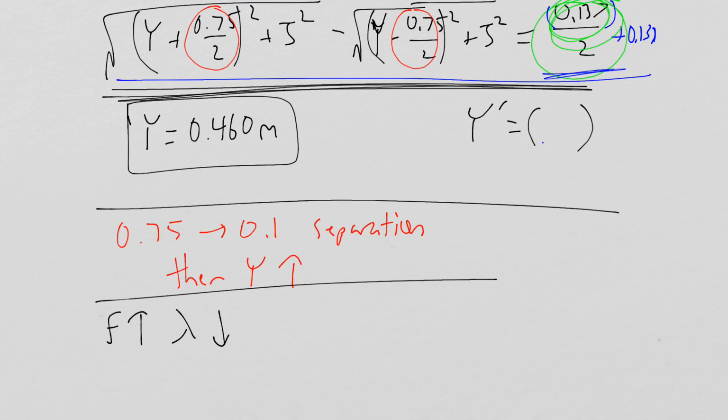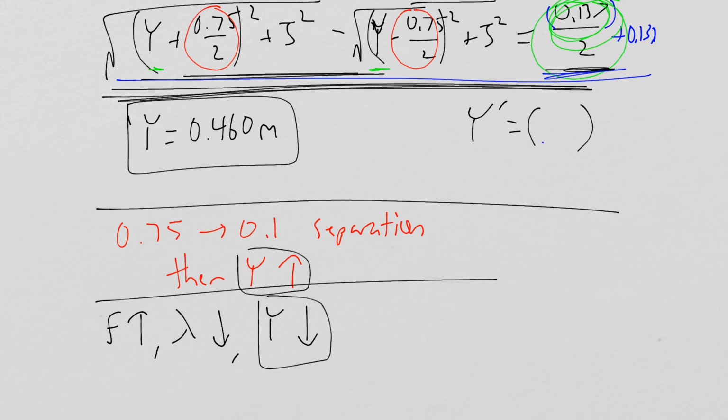So we have that huge collection of stuff equals now a smaller number. And we can see that y is going to be directly proportional to the wavelength. So y must go down. If this side of the equation is smaller, this side of the equation must also get smaller, which means y must go down. So that's our final answer for that.